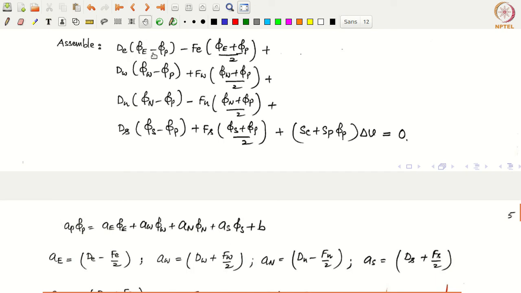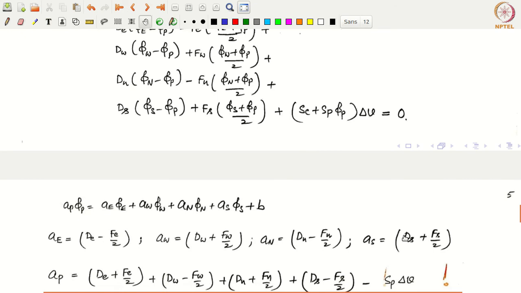A west would be dw plus fw by 2. A north would be d north minus f north by 2, and A south would be ds plus fs by 2. Very good.